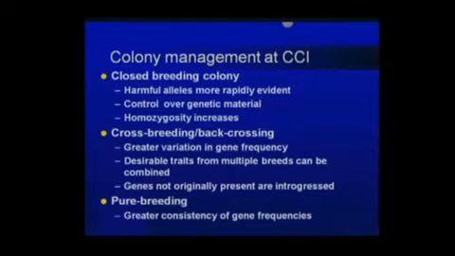Homozygosity is obviously going to be increasing, and the plus side of that is that that's how you're selecting for traits. You're hopefully fixing advantageous traits, and by definition, what you're doing is increasing homozygosity.